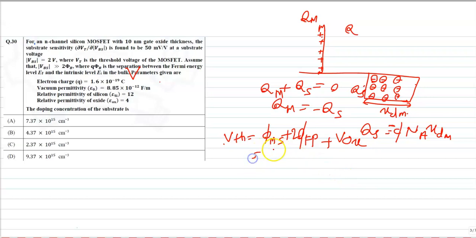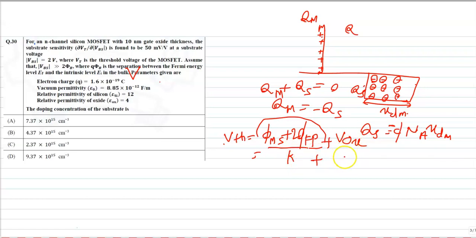So these are the two constants. Because I need to find the rate of change with respect to substrate and bulk, obviously it must be reverse voltage, so I can write a constant like k. This is a constant.